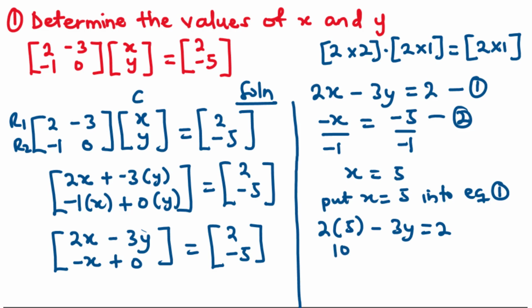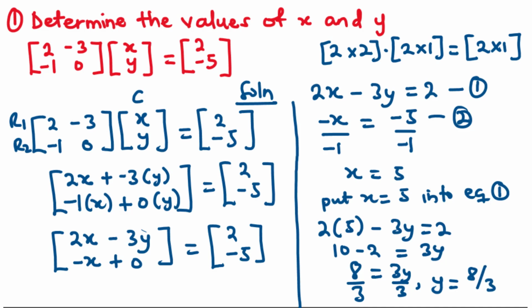So we have 10 equals, we transpose 2 to the left hand side, we have negative 2, and that is equal to 3y. 10 minus 2 is 8. So we have 8 equals 3y. We divide through by 3, and then we have y equal to 8 over 3. Therefore, we have x equal to 5 and y equal to 8 over 3.